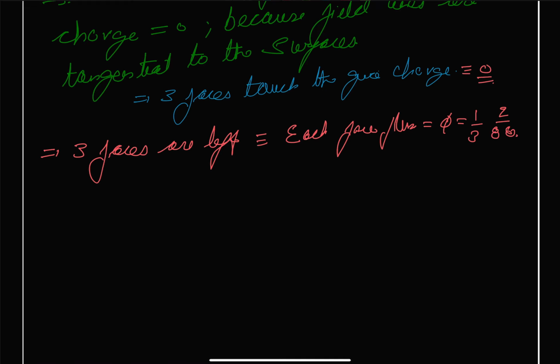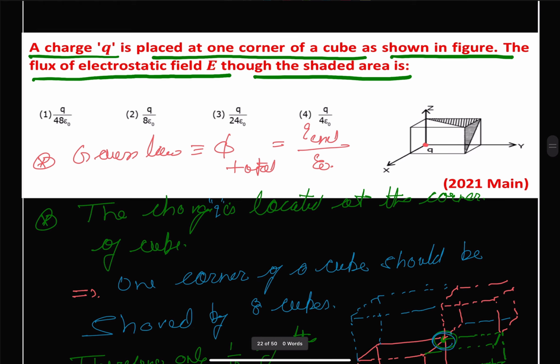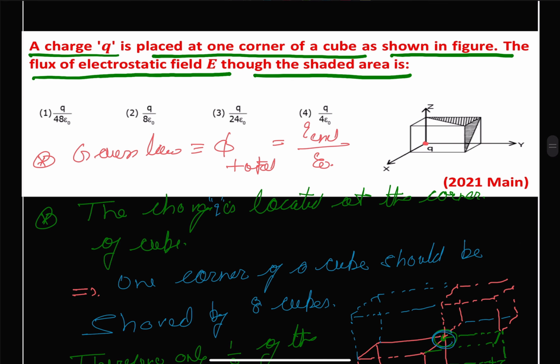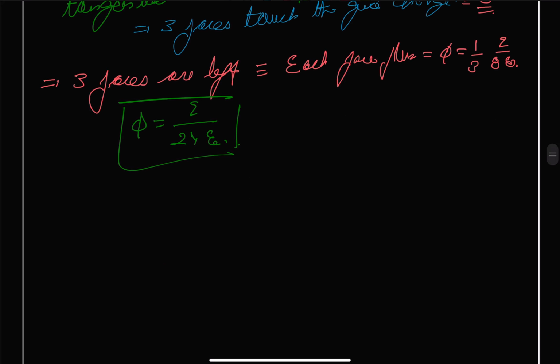So from here we can say the flux associated with each face will be equal to q upon 24 epsilon naught. So we get option 3 is the correct one.